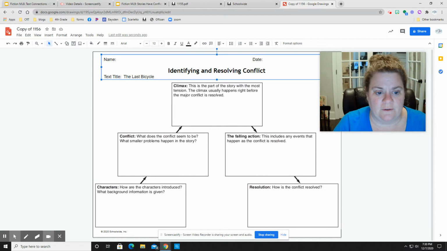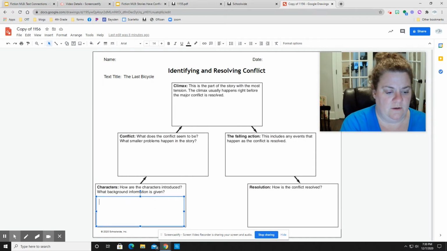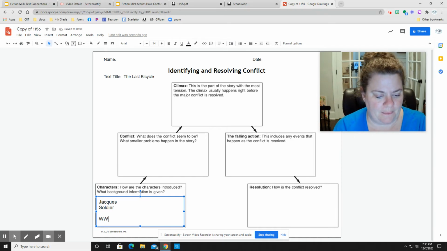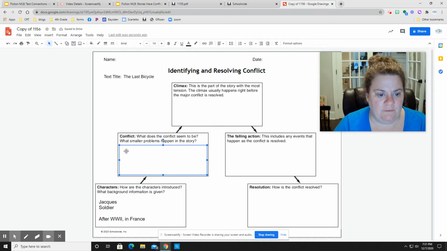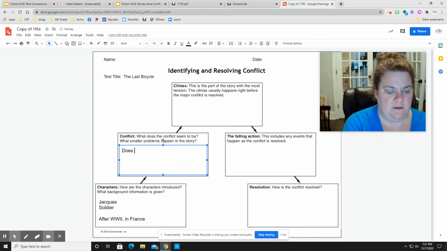So let's look at our chart. Our characters. We have Jacques. We have the soldier. We'll add more. And we know that the background is World War II. Maybe we should put after World War II. Okay, and our conflict is, does he give up?